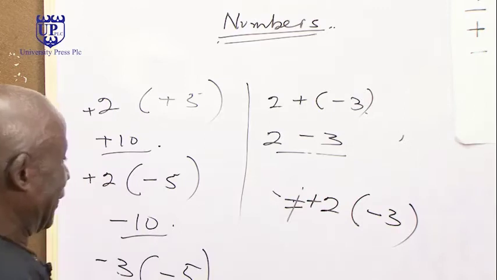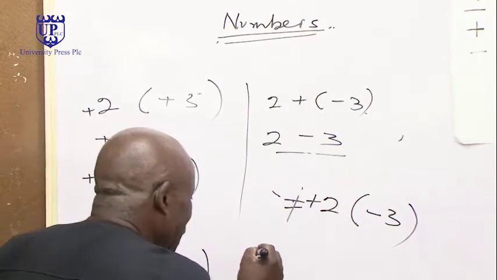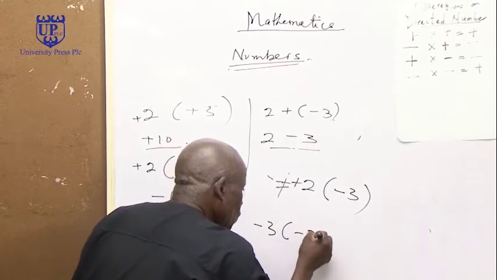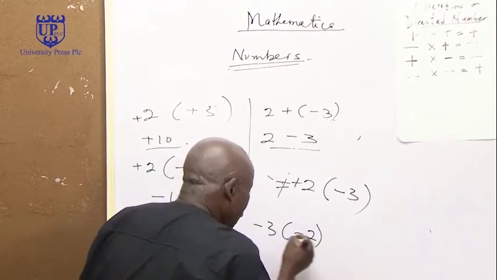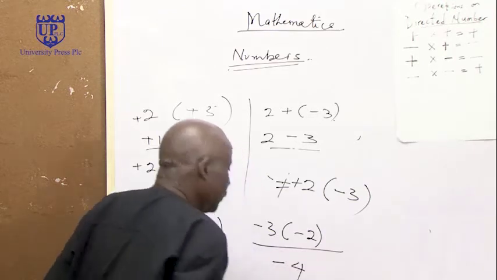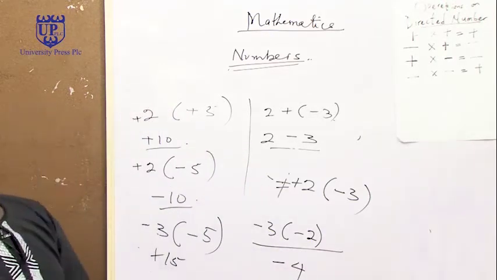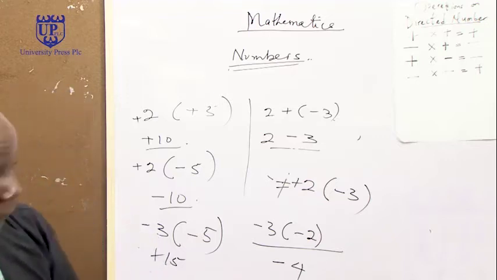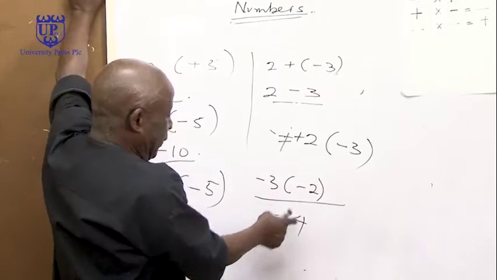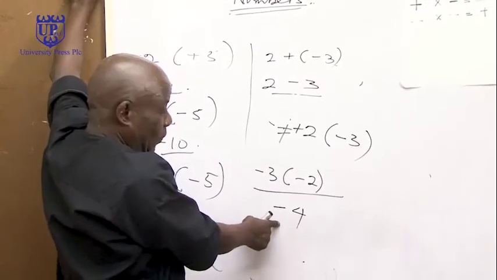Then another thing, minus 3 into minus 2 multiplied by all over minus 4. This is where we are going. They are finding the product here. This one is alone.